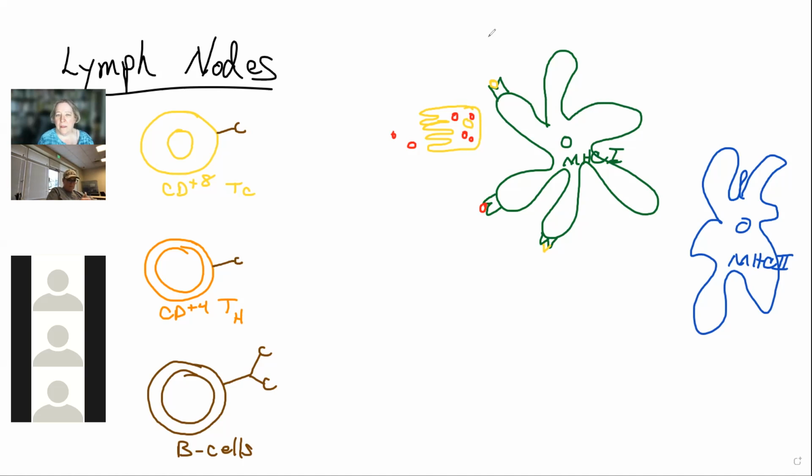And this dendritic cell is always also going to display some of its own, whatever it's making: its own proteins, its own bits and pieces of carbohydrates, its own little bits and pieces of lipids. So these we call endogenous antigens.